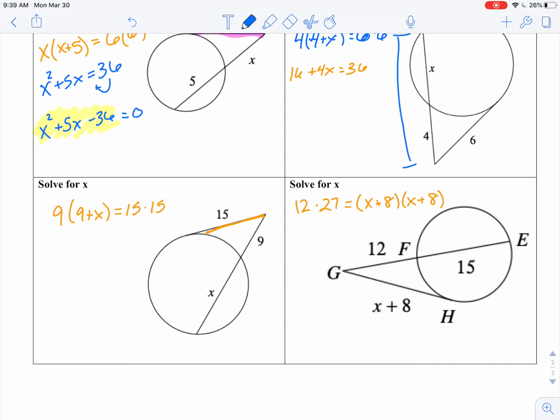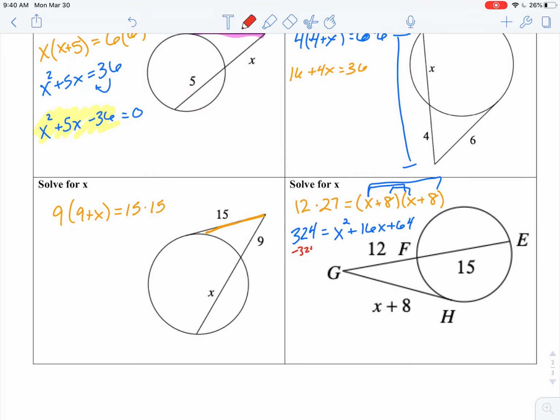And now how would I solve this last one here? I think it's important to go over that. So 12 times 27 would get me 324 equals, and if I FOIL this first, x squared plus the outers, 8x, inners is 8x, 8x plus 8x is 16x plus 64.